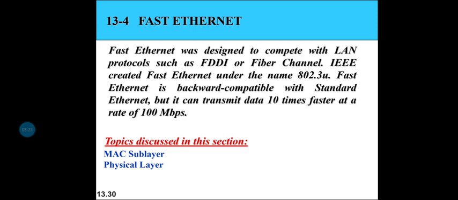So communicating with a star topology, using a half duplex or full duplex methodology, having CSMA/CD for half duplex and not having CSMA/CD for full duplex, all this remains the same.